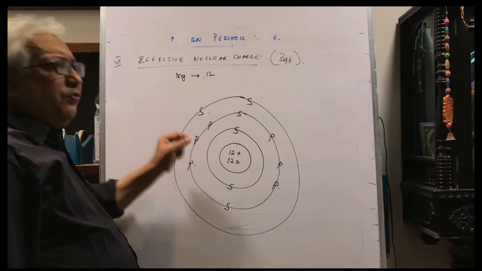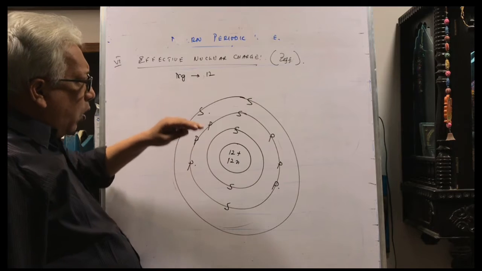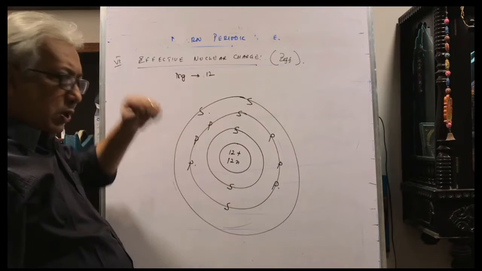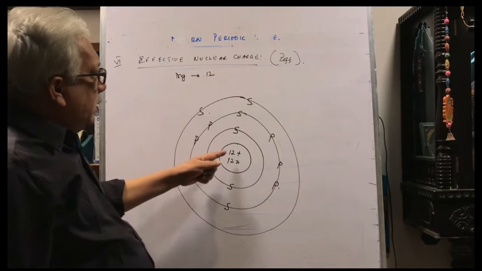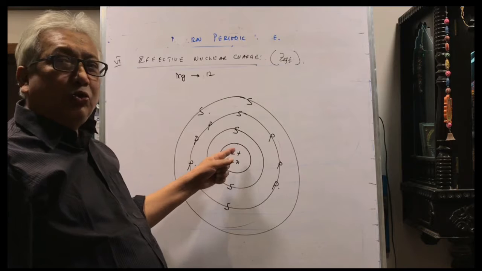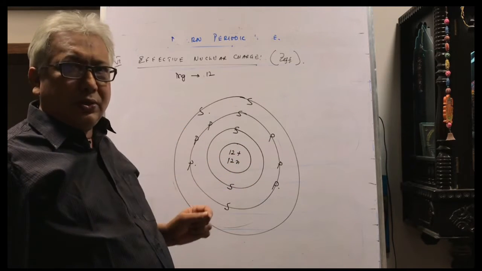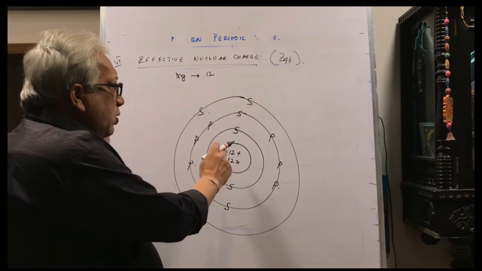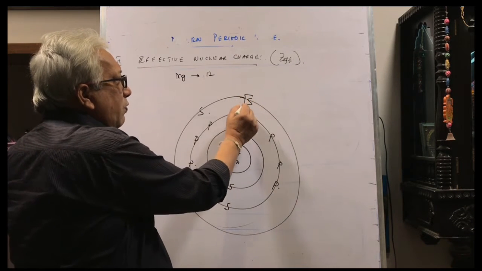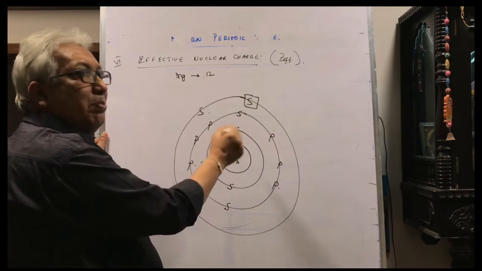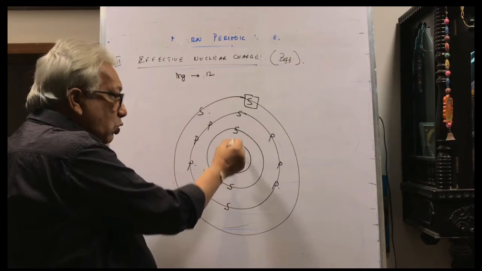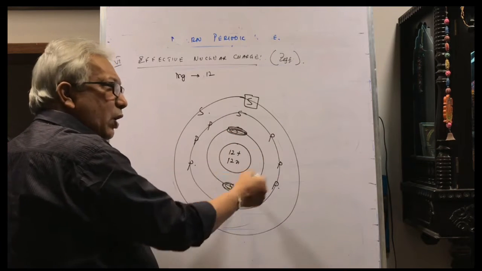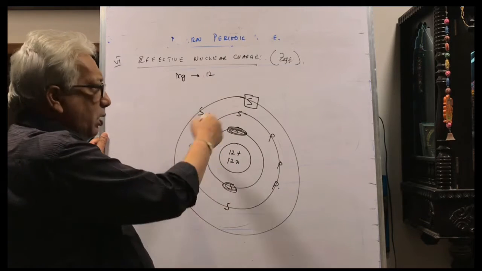Now if you are thinking about how much force of attraction the outermost shell electrons will be enjoying from the nucleus, if you think that the force of attraction is equivalent to the 12 protons, well, that will not be the case. What is the reason? Between the nucleus and this particular electron there are some barriers. What are the barriers? The cloud of electrons in the first shell, moving around. In the diagram it is static, but they are moving around.